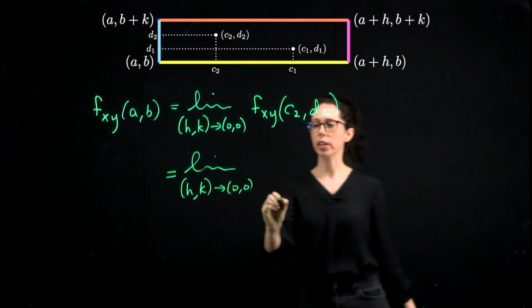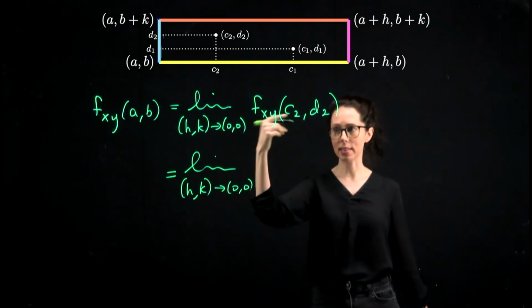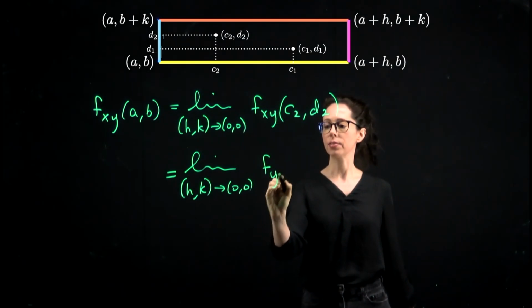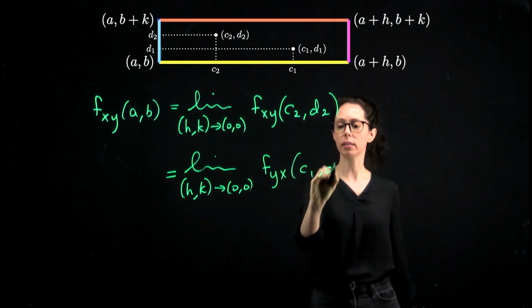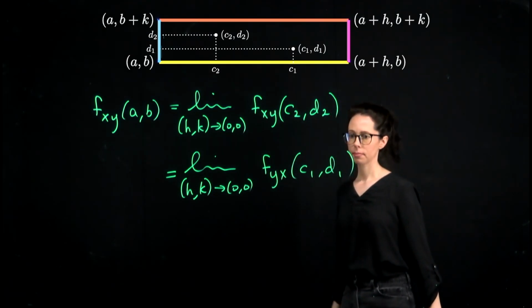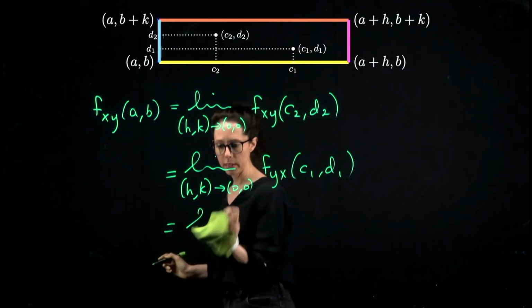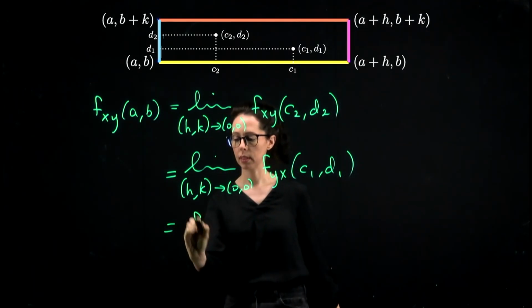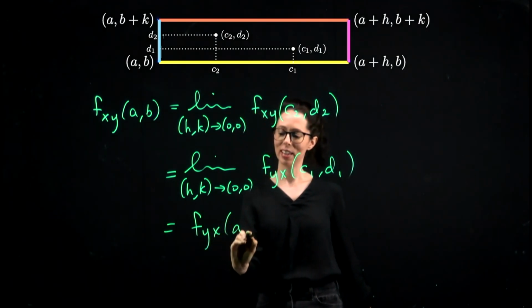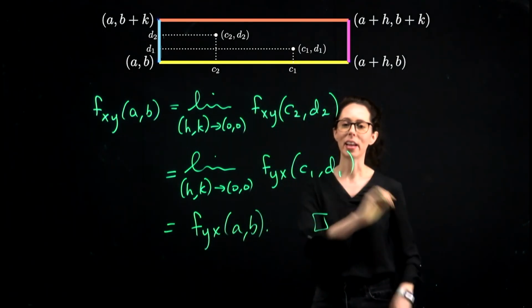So for any choice of h and k, we can take this and replace it, it's an equality, with f sub yx at C1, D1. But now by continuity, this is now the limit, f sub yx at AB, and now we have proved Clairaut's theorem.